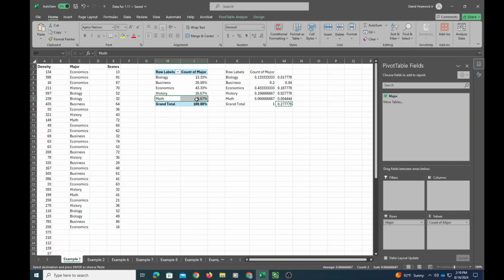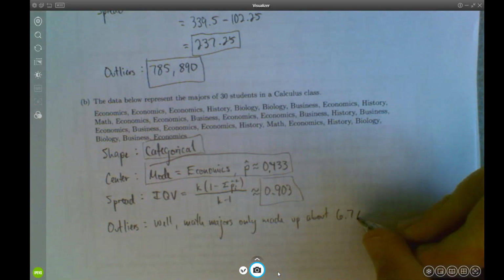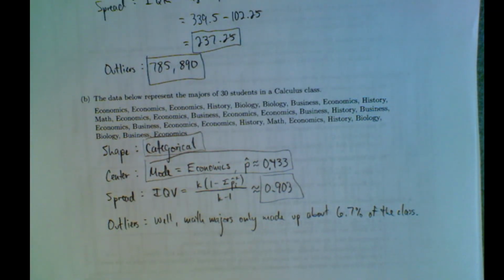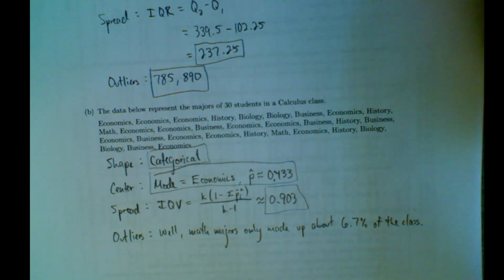They made up about 6.7% of the class. Okay, and whether or not you want to consider that an outlier is somewhat subjective, but I think it's worth kind of pointing out. So that's it for that second example. Let's look at another one.